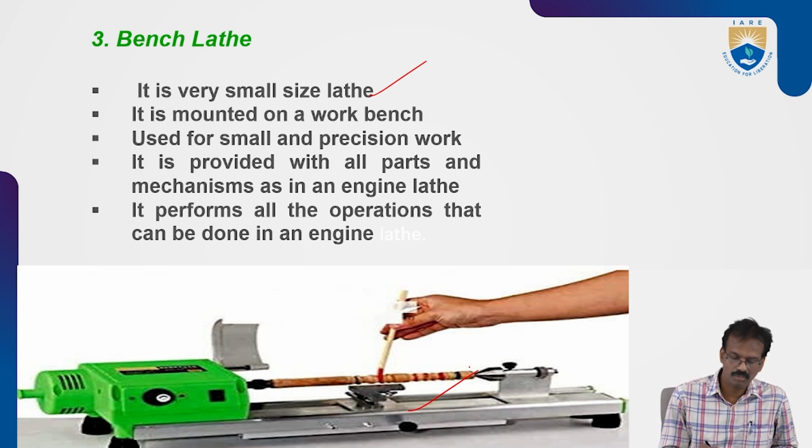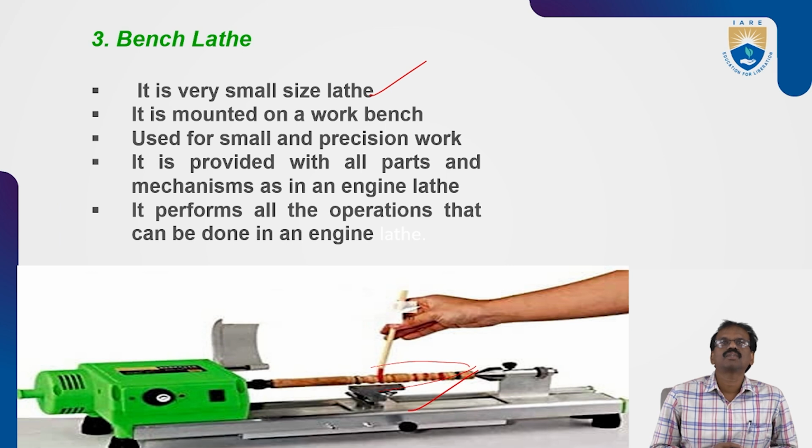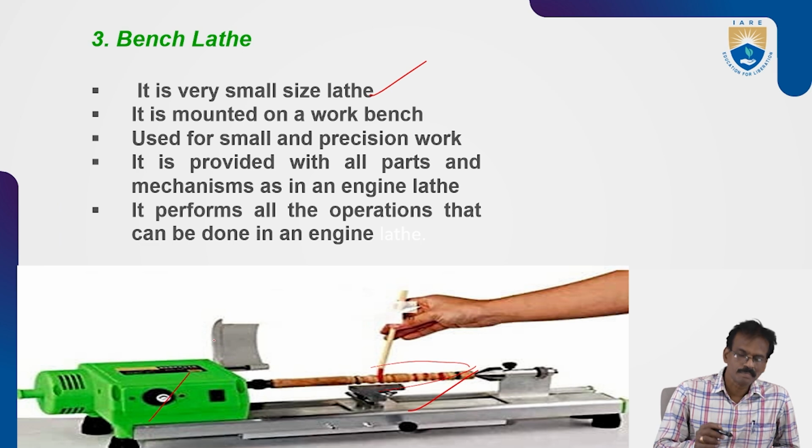With this type of design, we can use this type of lathe machine. It is provided with all parts and mechanisms, just as in engine lathes. So it also has a headstock, tailstock, and carriage.